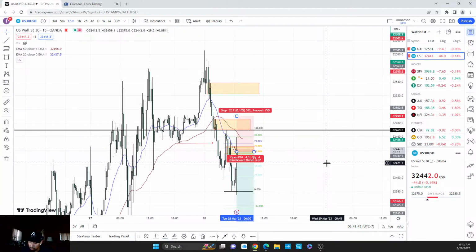If it gets up to our zone, then I'm really ready to take the trade. Let's see what happens. I like that rejection on the 1 minute. I'm in the trade, so let's see.